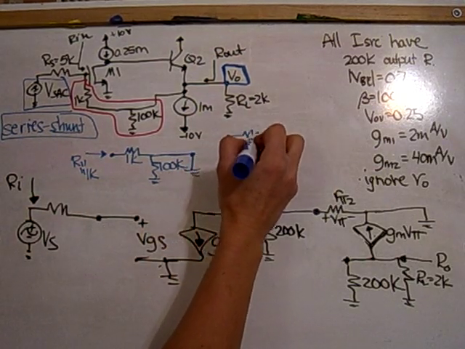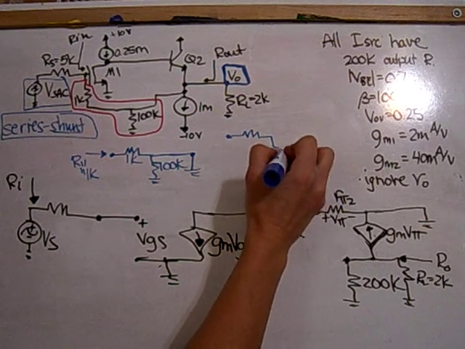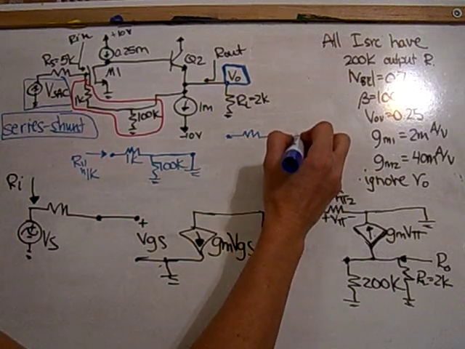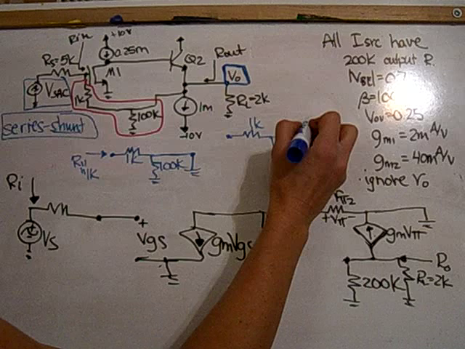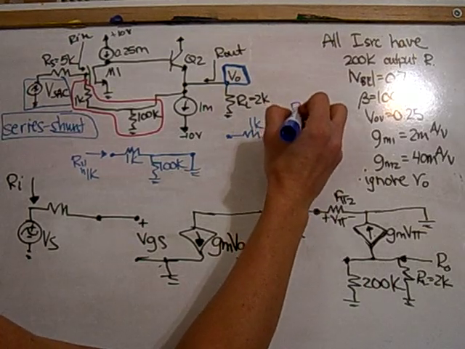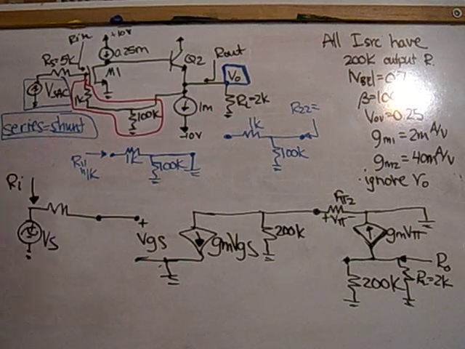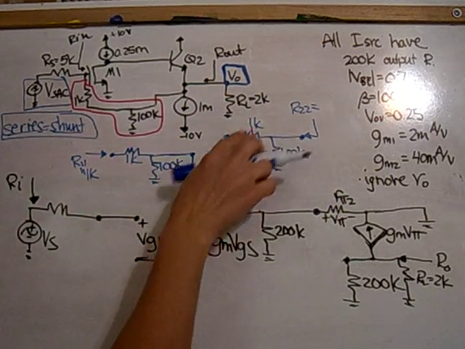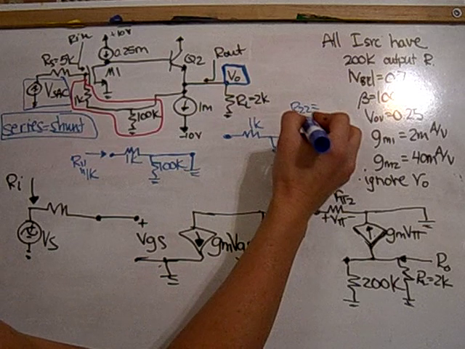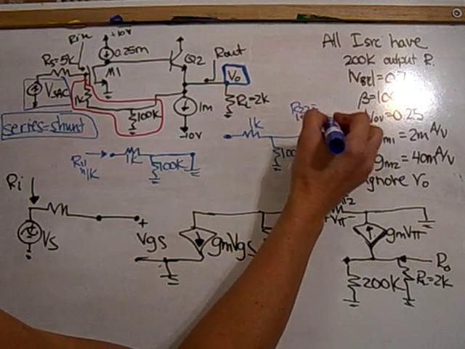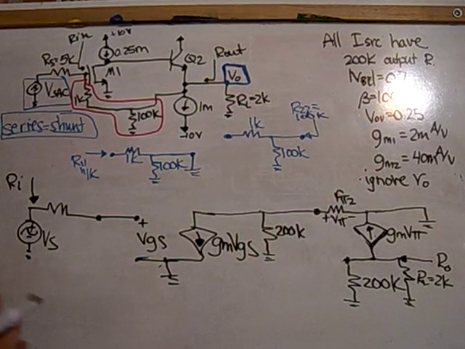For R22, I draw the same network, and I look in here for R22, and I look on this side, and it's series on that side, so I leave it open. It's a floating resistor, so it does not factor in the actual value, and this is going to be then 100K.